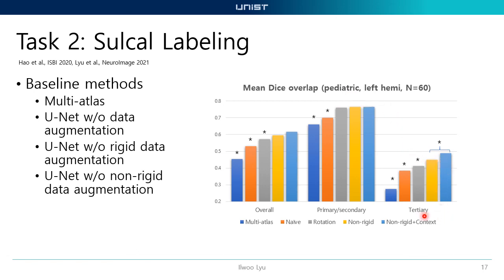But if we look at the tertiary sulcal labeling, our method is still better than rigid data augmentation. And compared with the non-rigid data augmentation, our approach is still better. If we combine the context-aware training, then we can get significantly better results in the tertiary sulcal labeling.